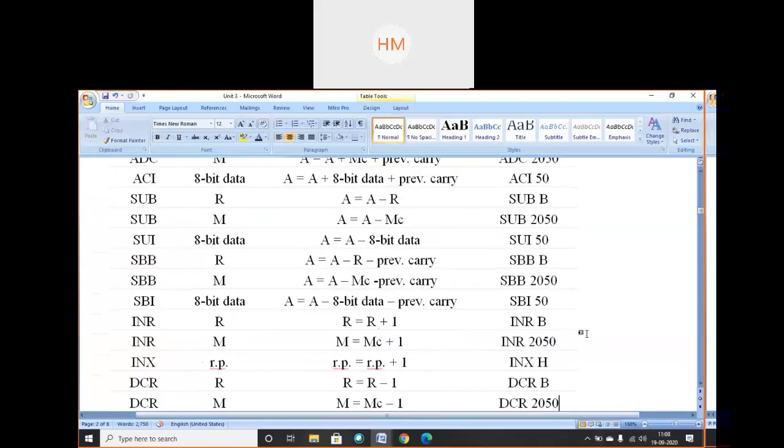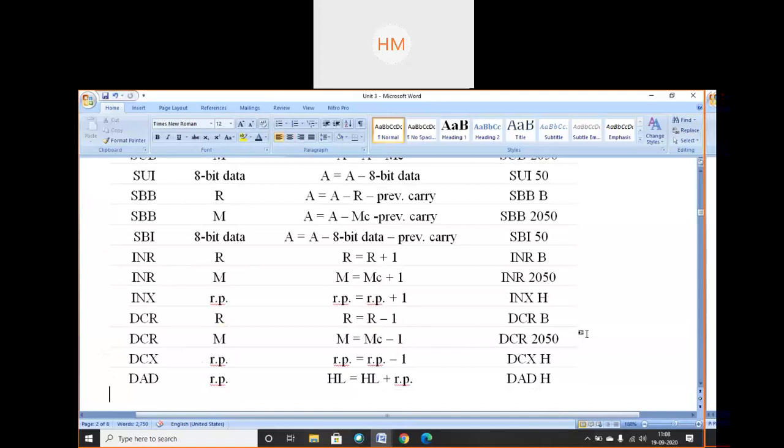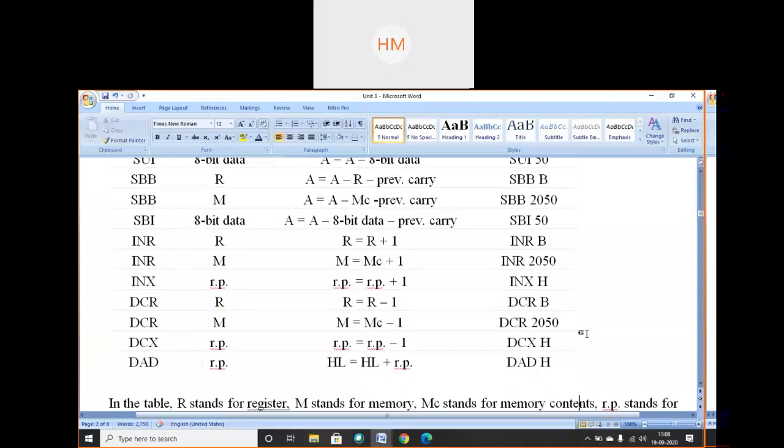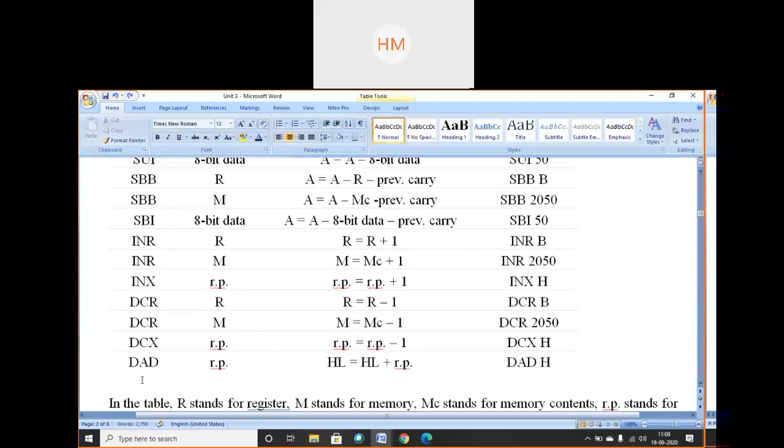Okay. SUI, SBB, INR, INX, DCR, DCX, DAD instructions. And one more instruction, DAA. It is not mentioned over here.